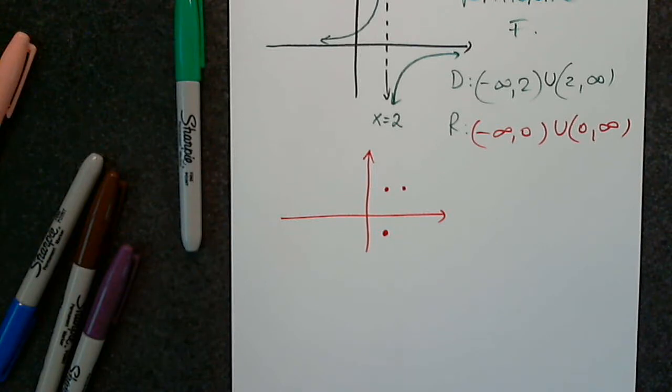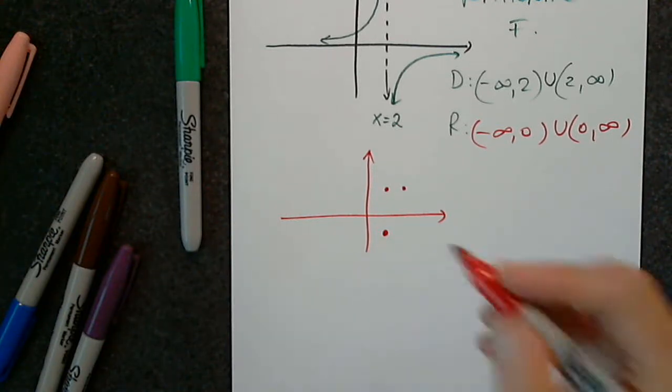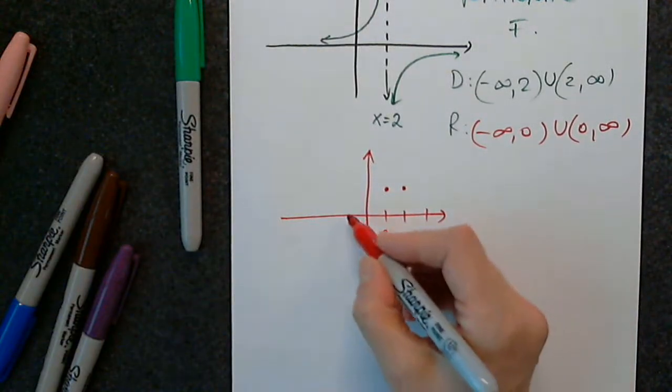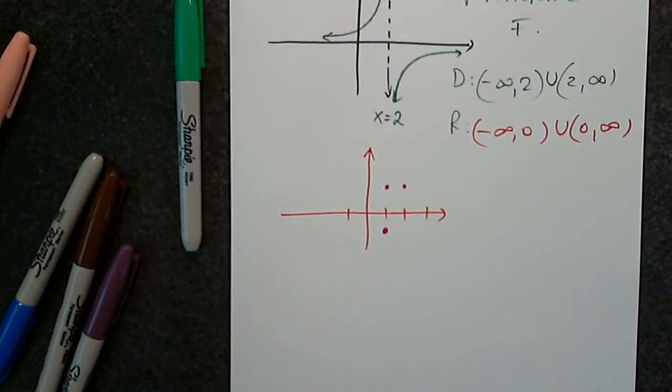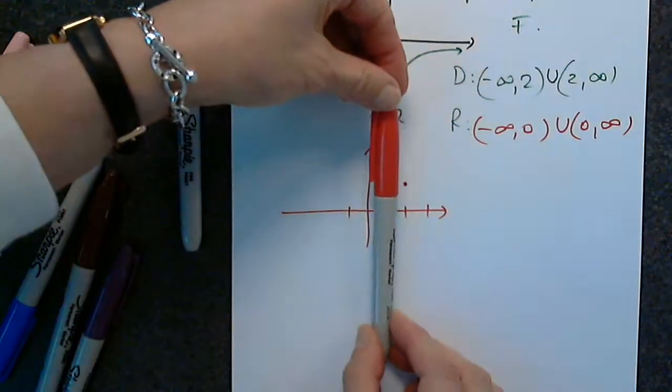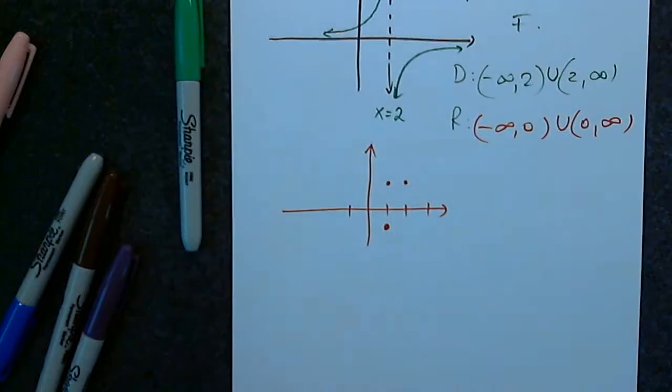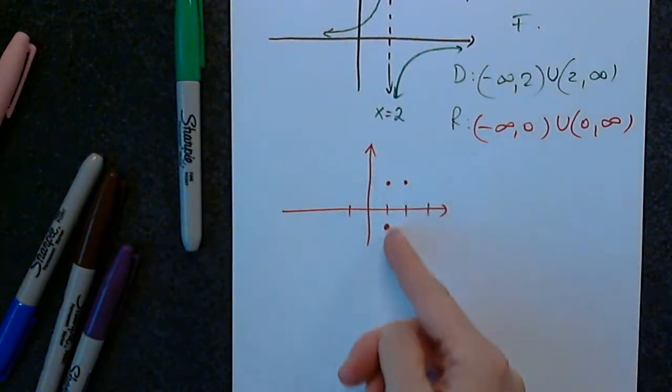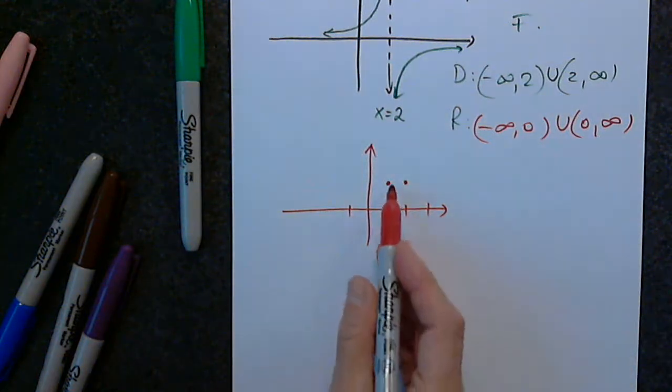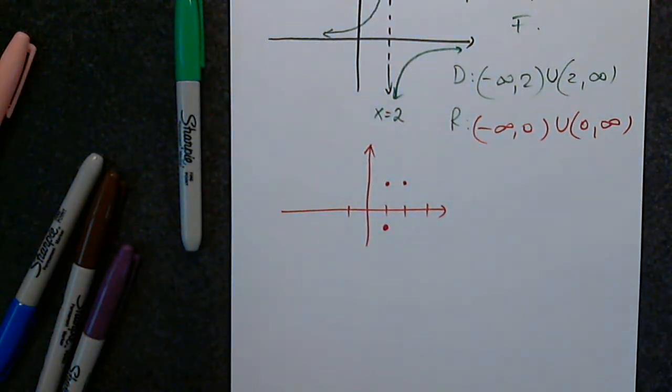Is this the graph of a function? No, because by the vertical line test, for x equals 1, I read 2 different values of y. Good.